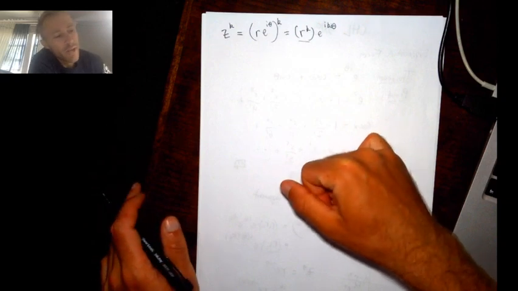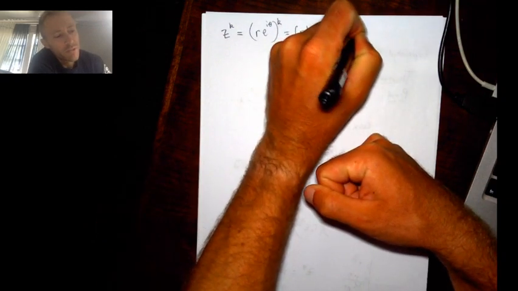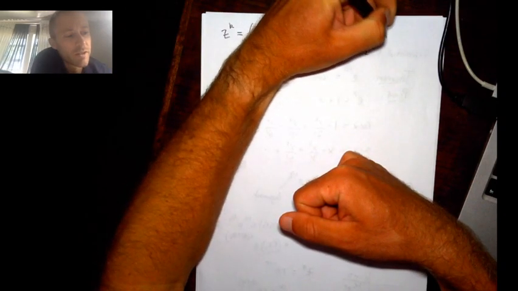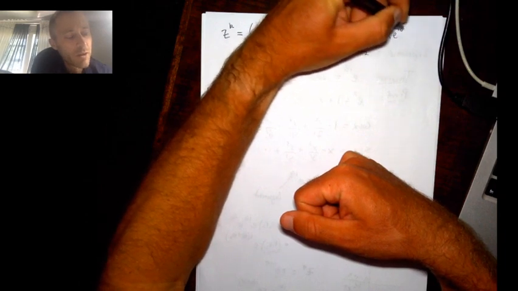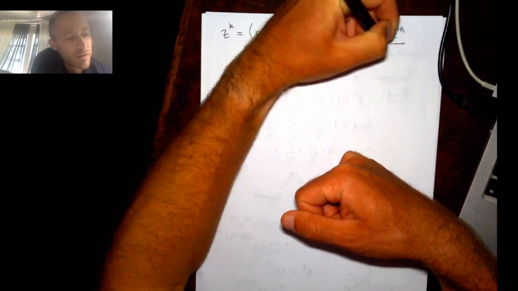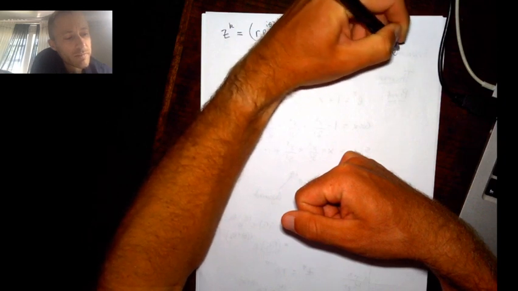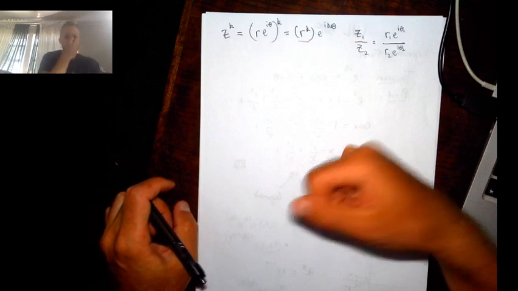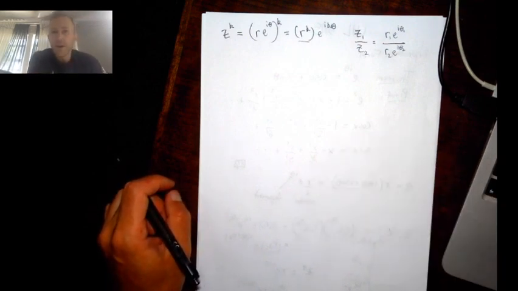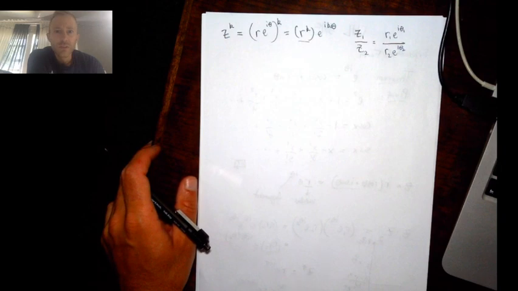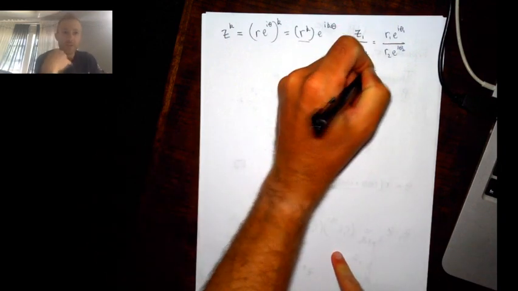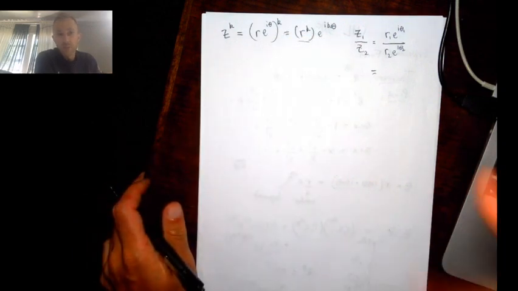We could also divide complex numbers really easily. z1 divided by z2 would be r1 e to the i theta 1 over r2 e to the i theta 2. And you might know that when you divide by something, it's like raising it to the negative 1 power.